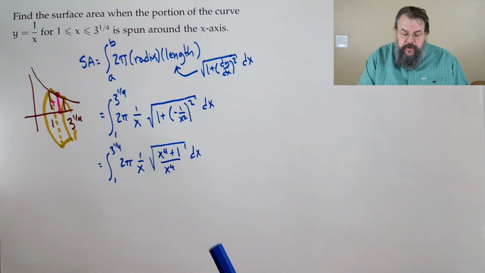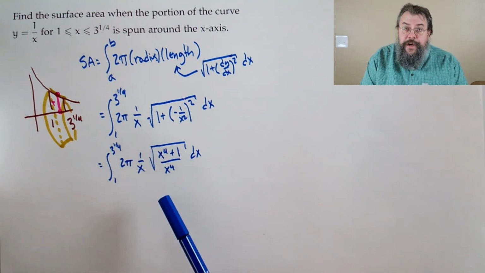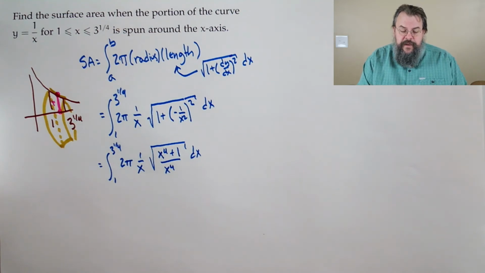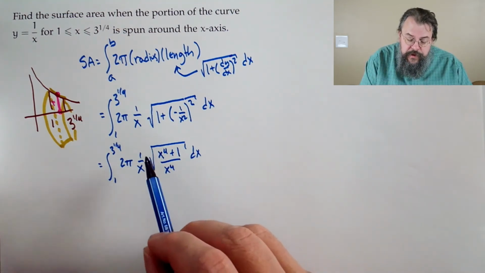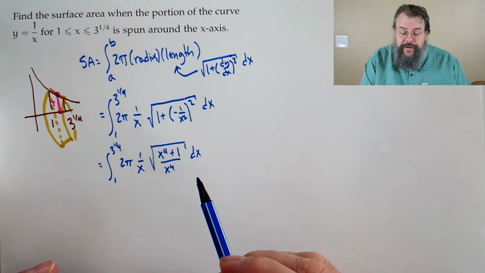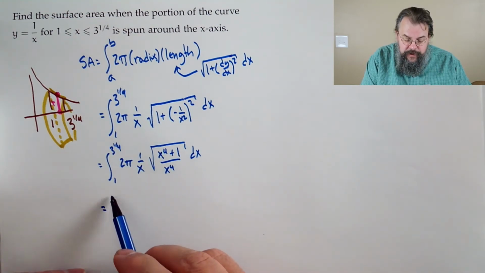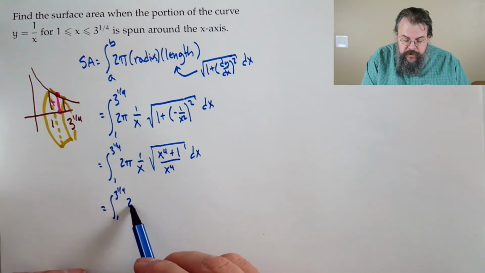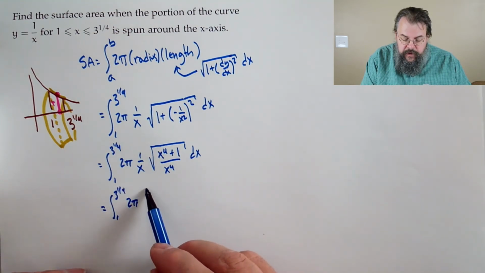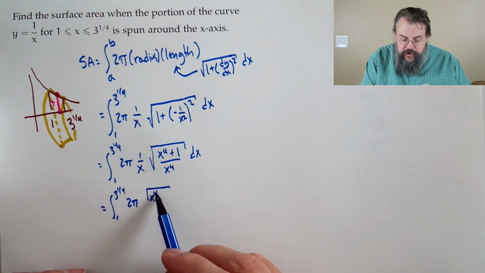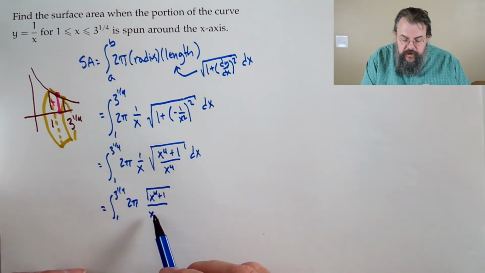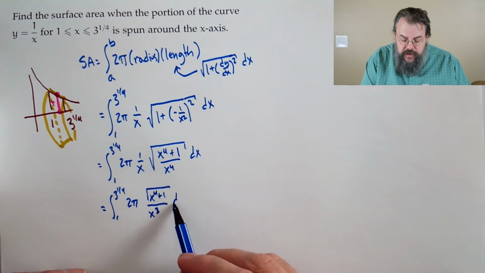You can check, right? x to the 4th over x to the 4th is 1, and 1 over x to the 4th is 1 over x to the 4th. Okay, square root of x to the 4th would make it an x squared. So we got the integral from 1 to 3 to the 1/4. We have a 2 pi, and we have a square root of x to the 4th plus 1 divided by x cubed dx.